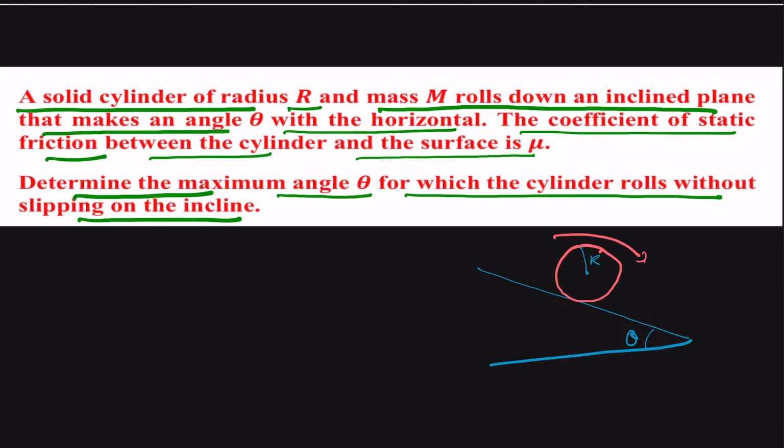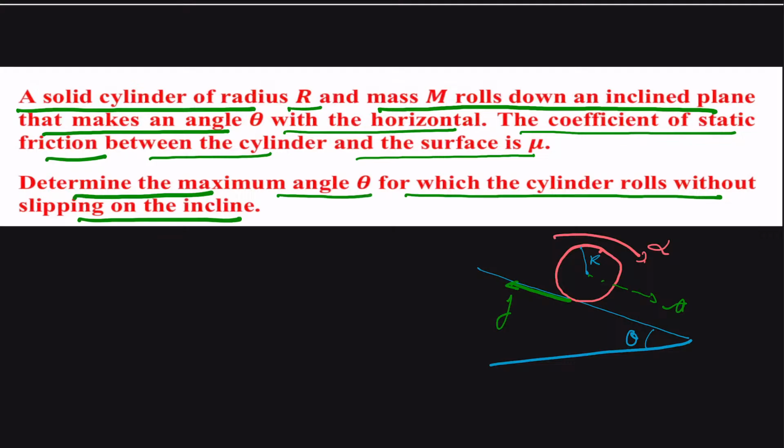So we are going to have an angular acceleration of alpha, and the friction is going to provide the torque that is going to act in the upward direction, and we can say that it is having a linear acceleration of a in the downward direction.